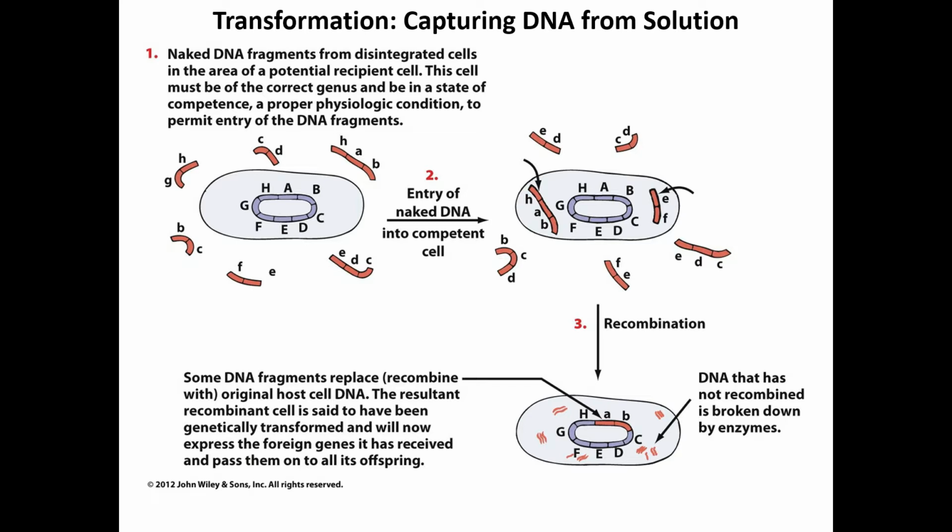Alright, so here you have A and B. Alright, so this portion here will actually switch out with this portion there. Alright, so the host AB genes swap out the AB genes from the naked DNA. Alright, so now you have a recombinant.